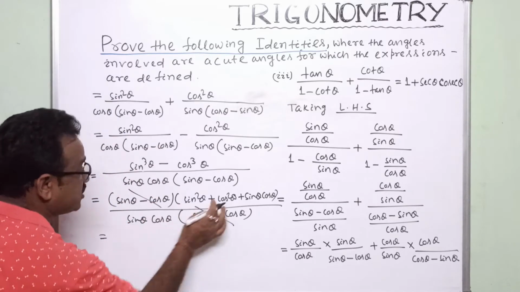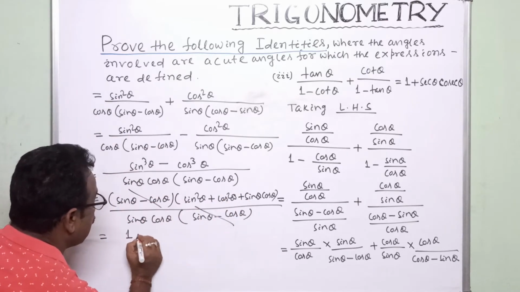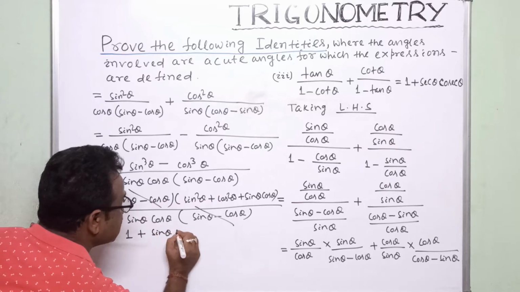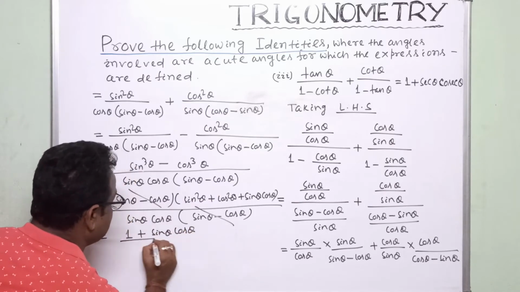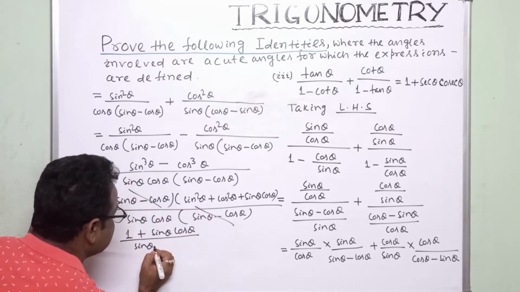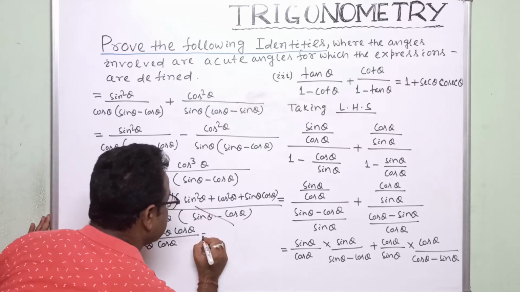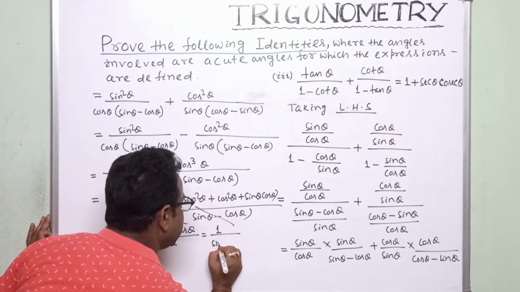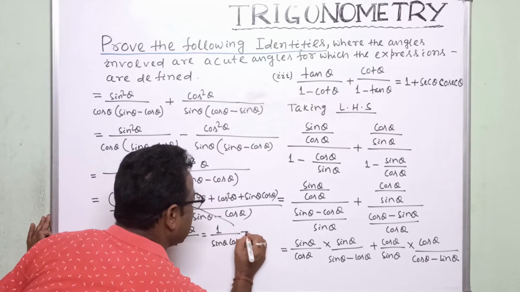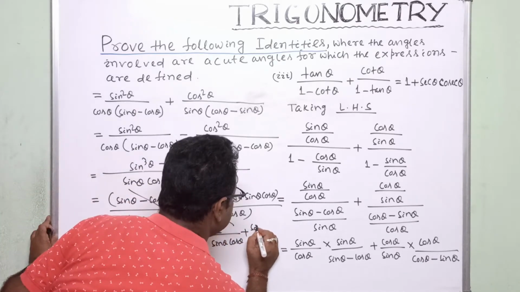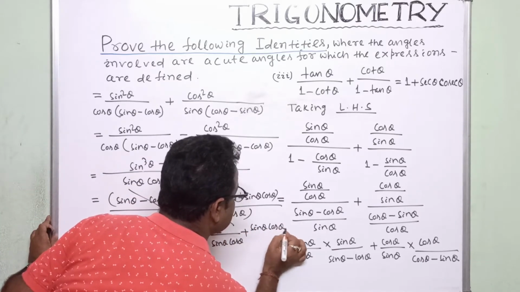That is equal to sin square theta plus cos square theta, which is 1, plus sin theta cos theta, by sin theta cos theta, which is 1 by sin theta cos theta plus sin theta cos theta by sin theta cos theta.